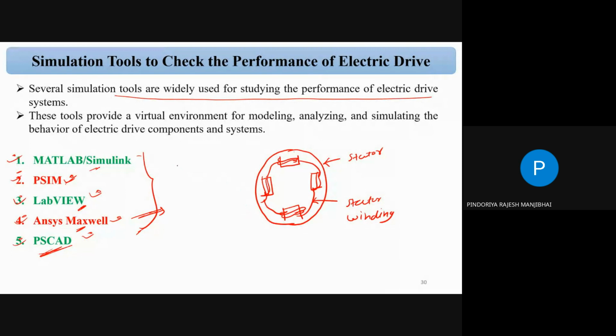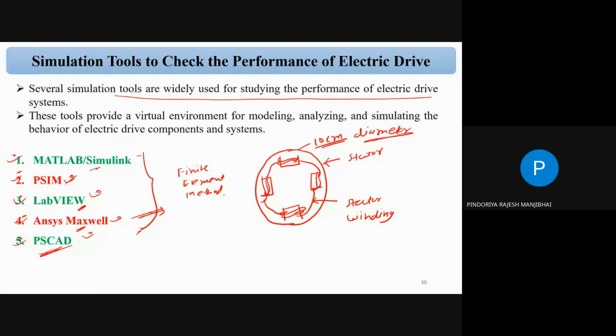So what is the meaning of finite element method? What we are doing in finite element method, we have to analyze each and every component with a minimum distance. Suppose the diameter of this stator core is 10 centimeter.